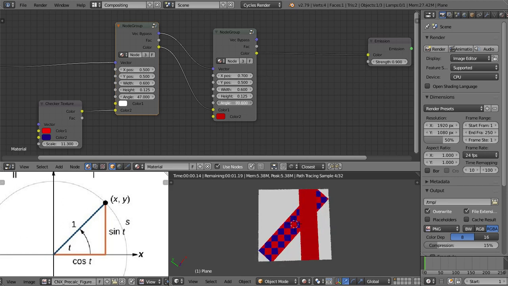You can control the angles. So you can do even more weird stuff. And this is all just procedural textures.